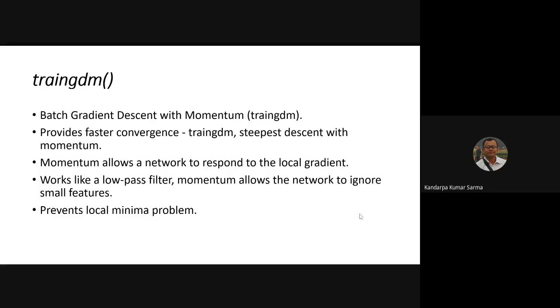So the train GDM is a developed version of the train GD, where the momentum term permits faster convergence and greater reliability, and it further prevents the formation of the local minima problem with an ANN. So this is one of the better versions of the gradient descent training.